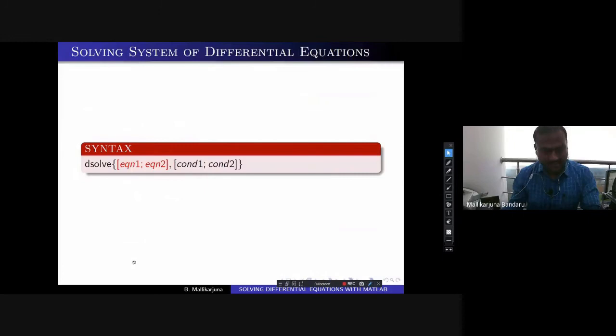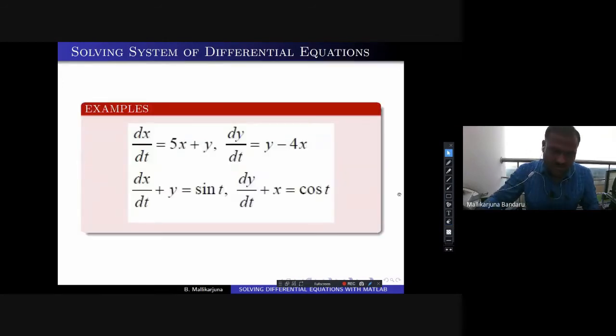Next, suppose a system of equations. This is equation 1, equation 2, each with its own conditions. Suppose this is one problem and this is another problem. dx by dt is equal to 5x plus y and dy by dt is equal to y minus 4x.